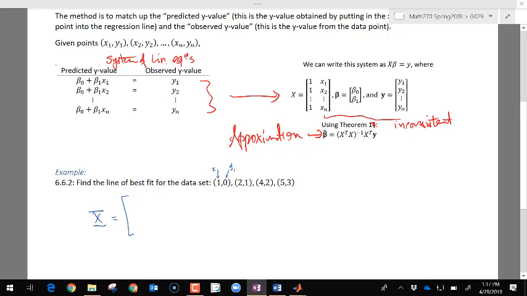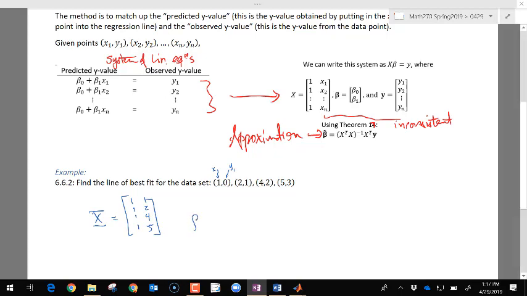Remember that the first column for the linear model is just going to be 1s. And I have 4 points to deal with, so I'll say that I have 4 rows, one for each of these equations. And then I'm going to list down my x values. That's 1, 2, 4, 5. So that's my design matrix.